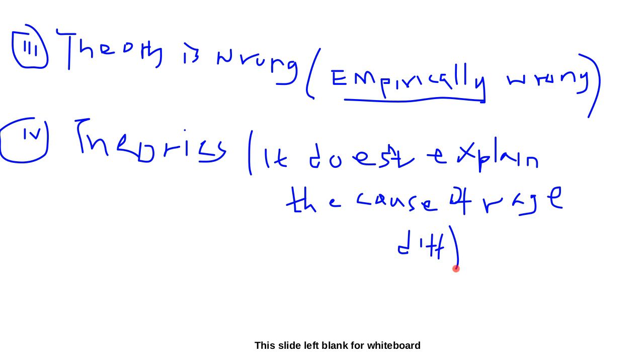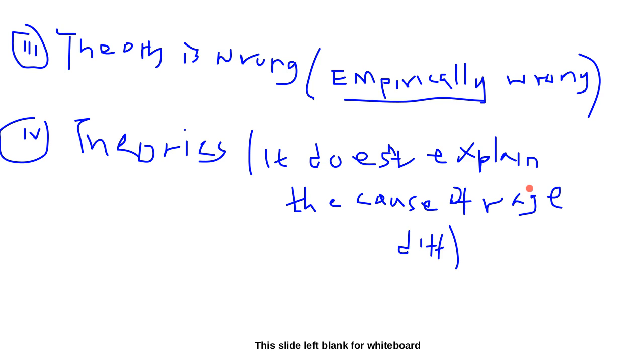So this theory doesn't explain the cause of wage differences, because we are saying that labor earns a share of the cost of production. So we are assuming that everybody will be earning almost the same amount from what we produce. If we are producing avocados and our cost of production is, let us say, 900,000, assuming that capital takes 500,000, then we have 400,000.